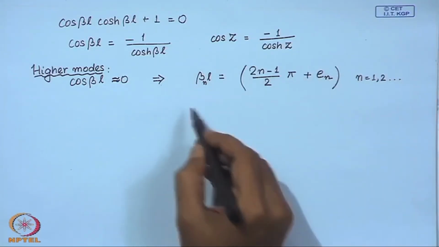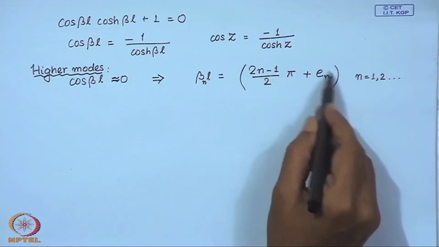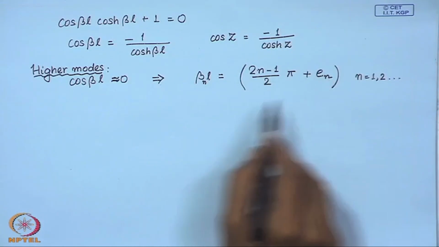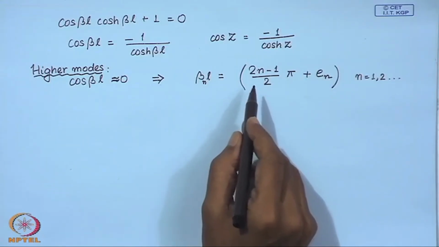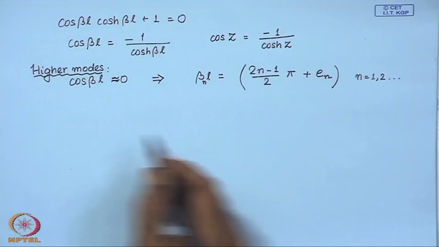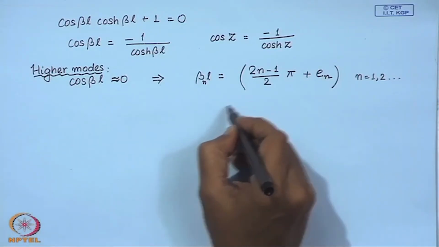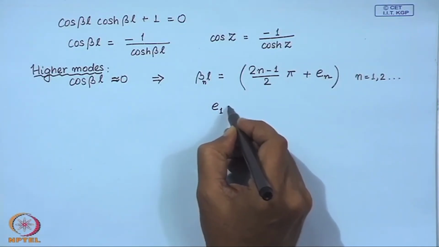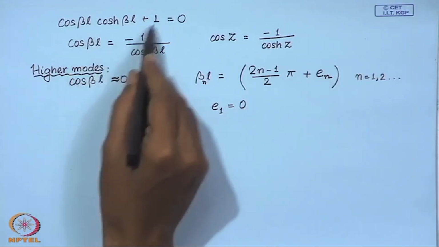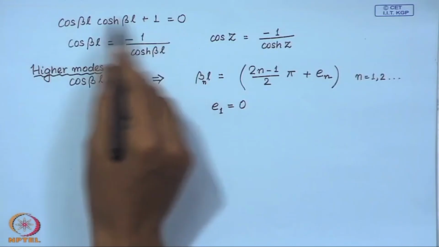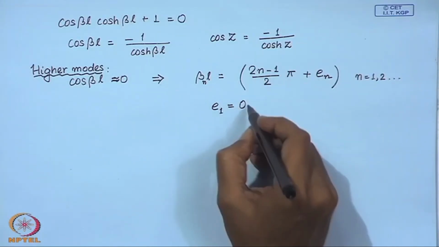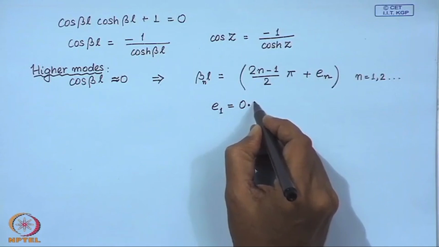Now, when I have added this E n, this small error, then I can claim that this is a solution of this. For E n, let us say E 1 is, if you calculate the first solution of this characteristic equation, it will deviate from this value by this amount.